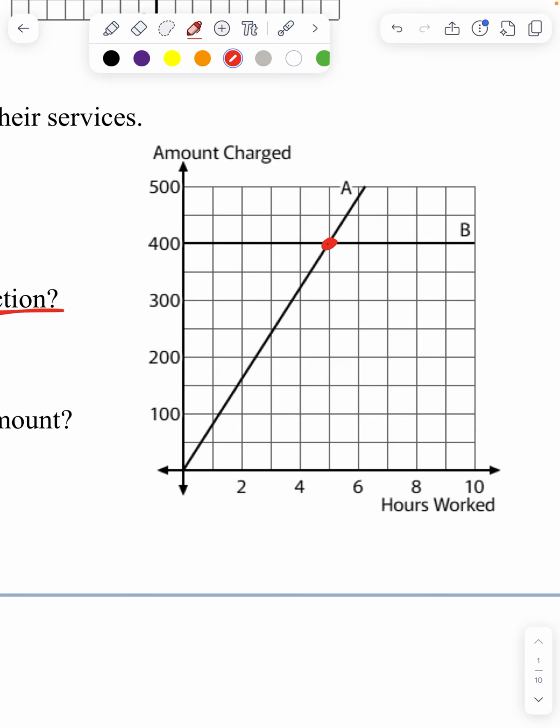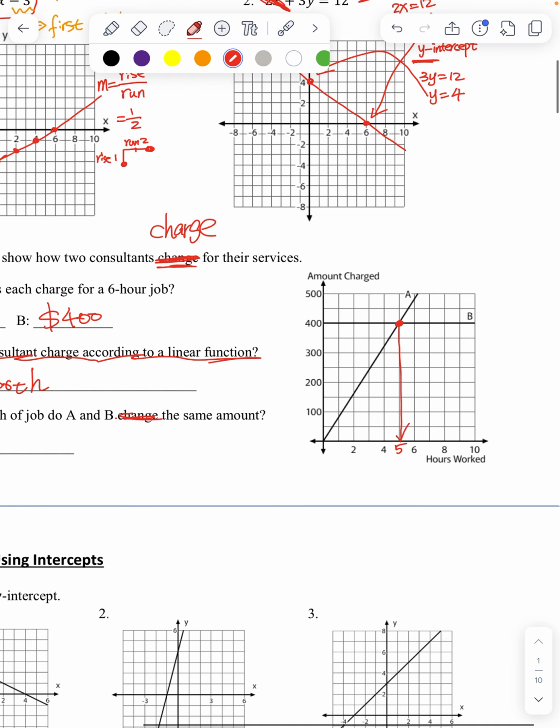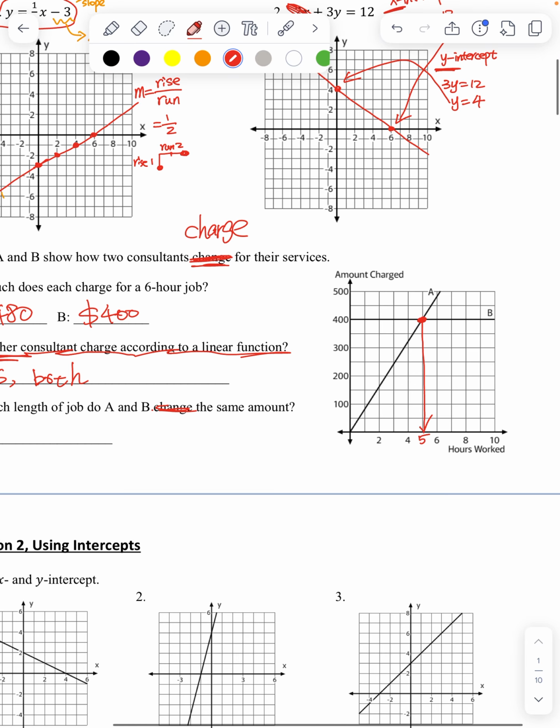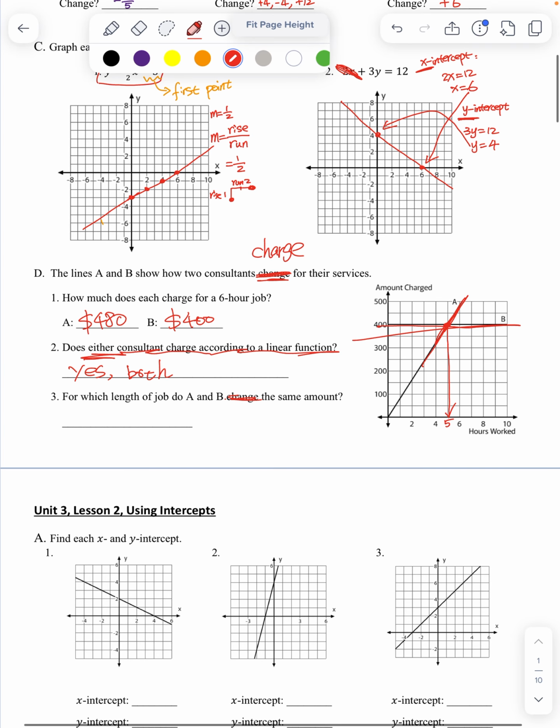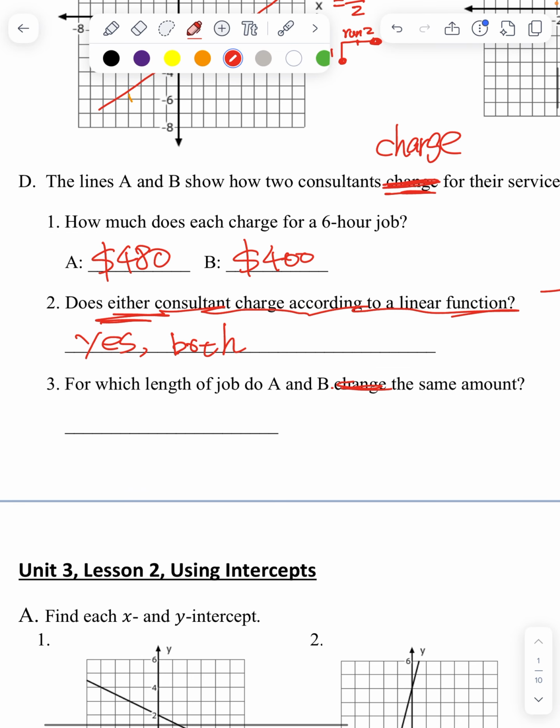That means this point is on both lines. So this point is where they charge the same money. So this is 5-hour job, right? At this point, A charged $400. B is always charged $400. So for how many hours a job? So 5 hours. Done.